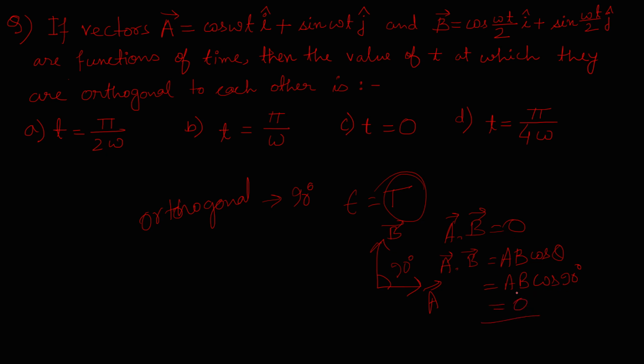Using this equation, A dot B at 90 degree is 0. And if I put the values of A and B, find the dot product, and equate it to zero, I can easily find the value of T. So try to solve it yourself.